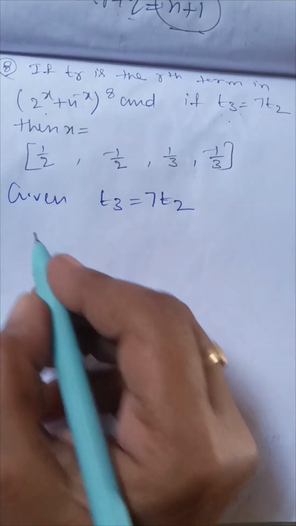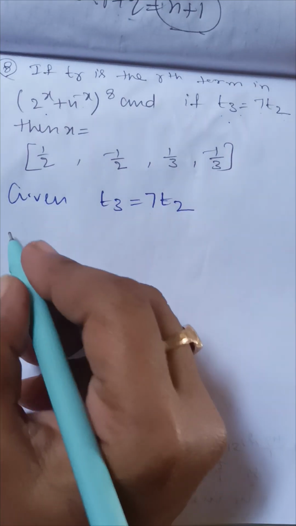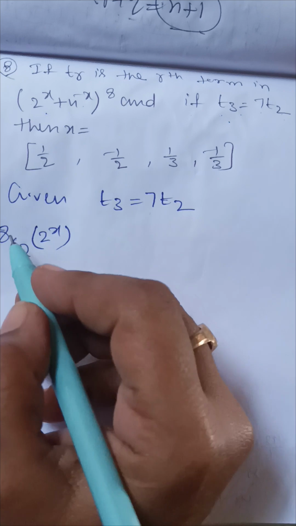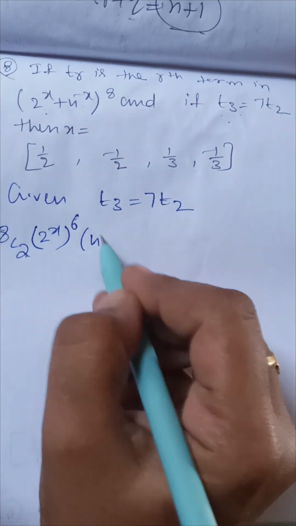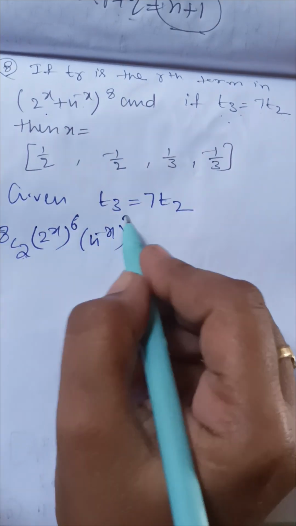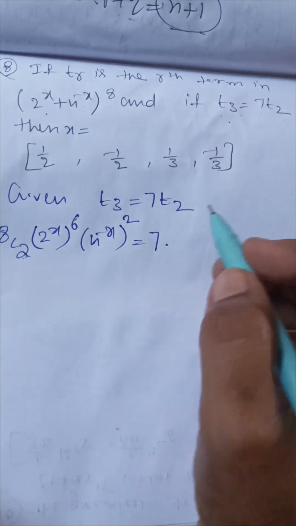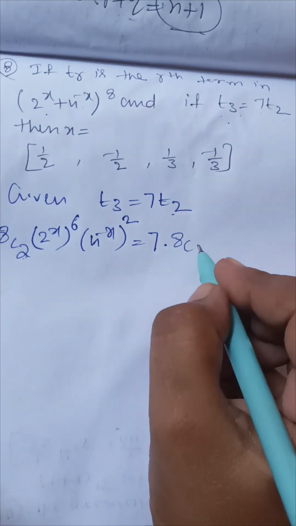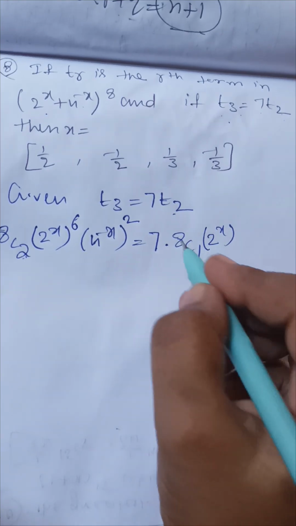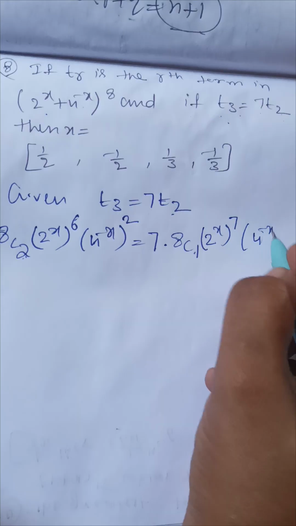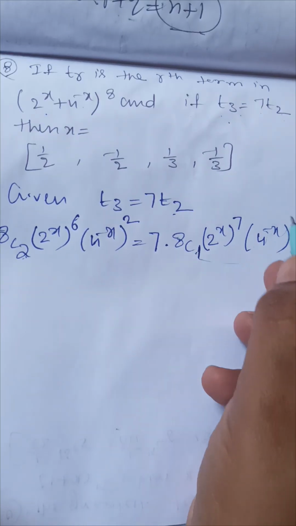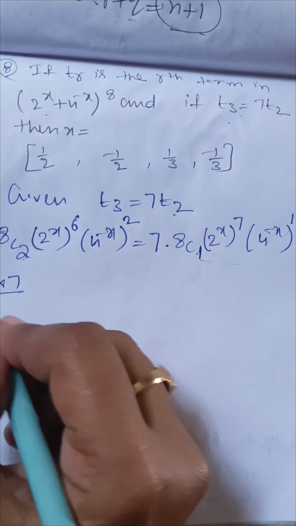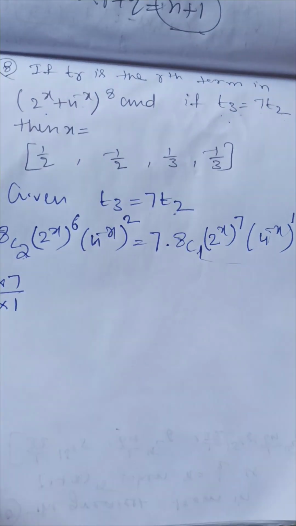So, t3 equals 8C2, taking the first term (2^x)^(8-2) and the second term to the power 2, equals 7 into t2. For t2, the second term is 8C1 (2^x)^(8-1) (4^(-x)) to the power 1. Here 8C2 is 8 into 7 by 2 into 1.